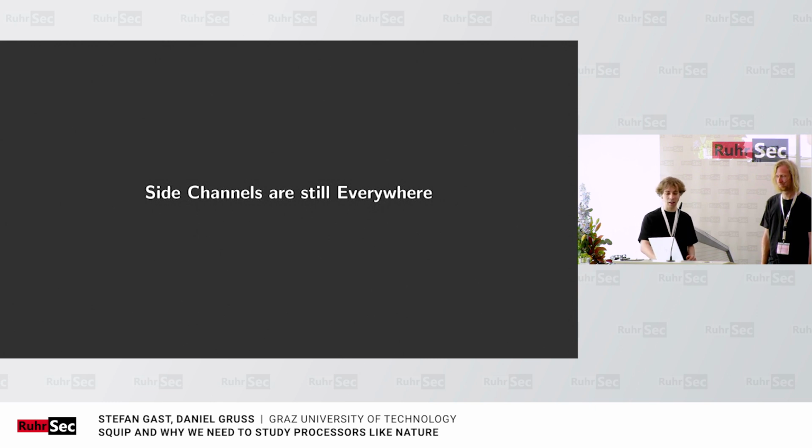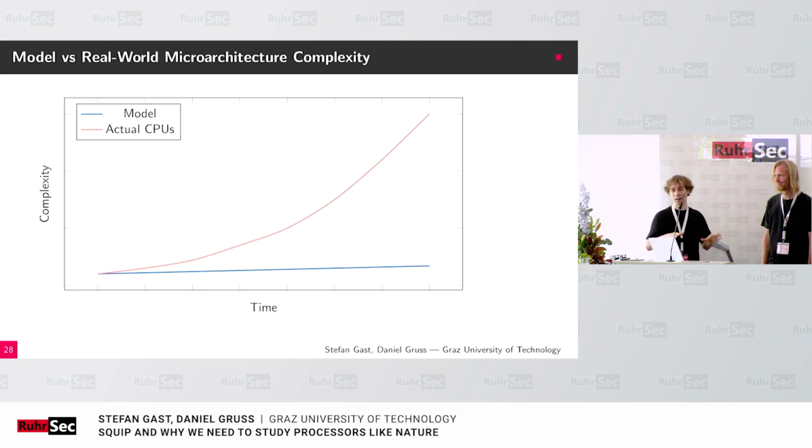And building a model takes time, right? On the other side, you have hundreds and thousands of engineers working on actual CPUs. And if everyone builds a component and then these components are put together, this complexity multiplies. So you have a much stronger growth in complexity for the actual processors than you have for the models. And we can't win this ever.